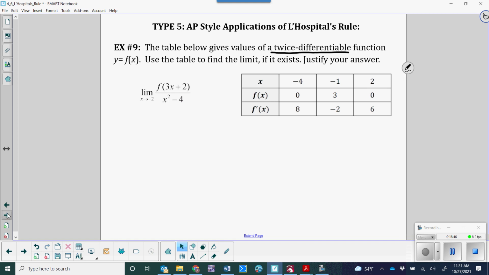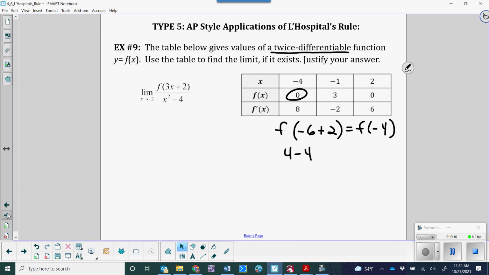So I would just plug in right here. I'm going to do some scratch work and say, okay, if I plug in -2, I'm going to do f of -6 plus 2, which is f of -4. Well, they give me this in the table. F of -4 is 0. Okay, right here. F of -4 is 0. On the bottom, I plug in -2, I'm going to get 4 minus 4, which is also 0. So now I'm going to have to show that.